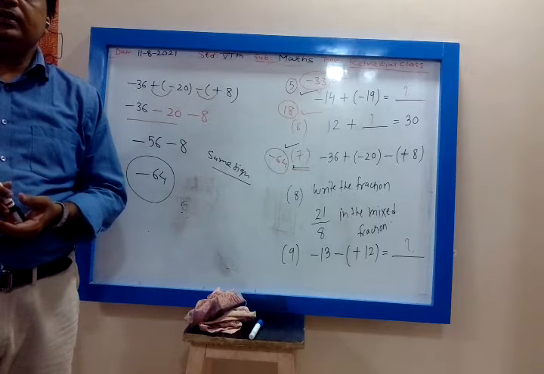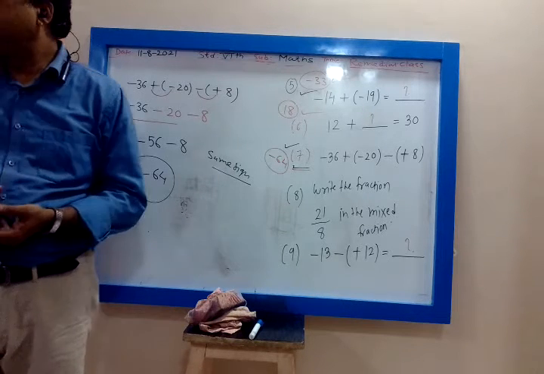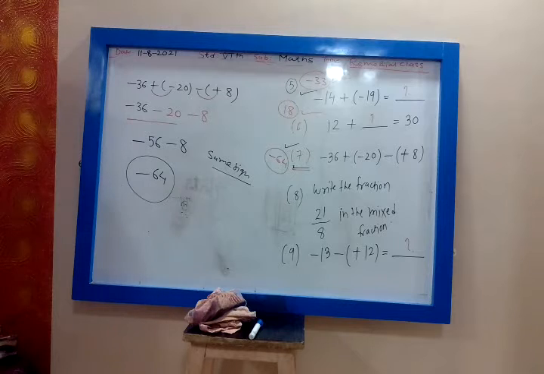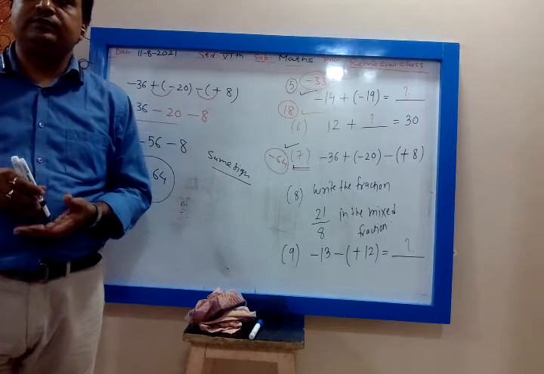So to write down the fraction in the mixed fraction, we divide numerator by denominator. So divide 21 by 8 and write down that in the mixed fraction.